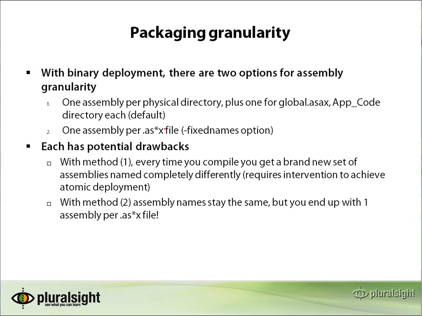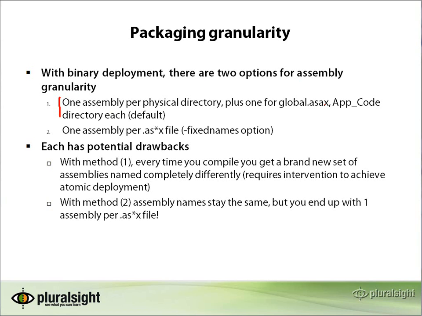So there are actually two options by default. The default option, which is the one that we just used, perhaps unknowingly, is to create a single assembly per physical directory. So you have one assembly per directory in your web application. If you have multiple subdirectories, each of those will get their own assembly.